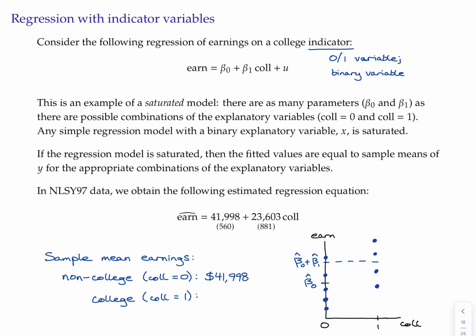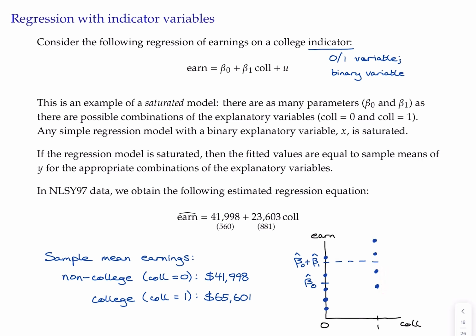And for the college group, the fitted value is just the sum of these two values, and you get $65,601. That is a fitted value. Yes, it's this value right here, but it is also the average earnings for those data points.